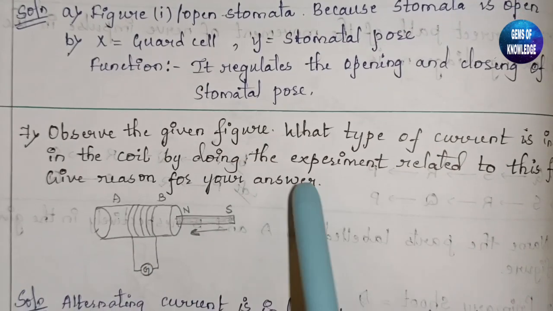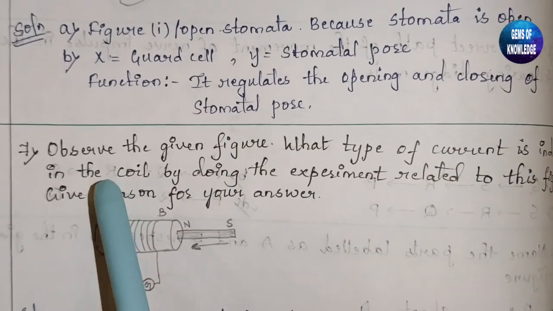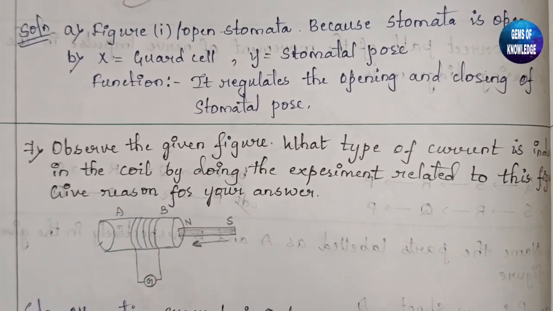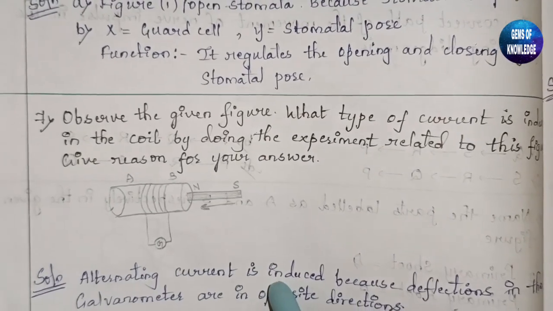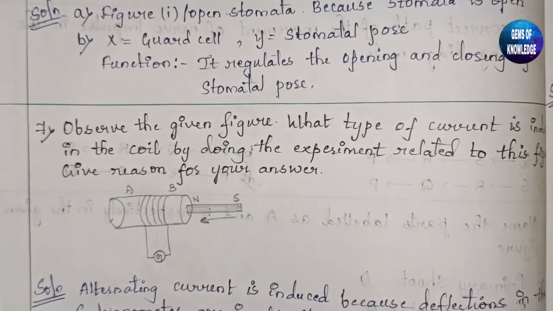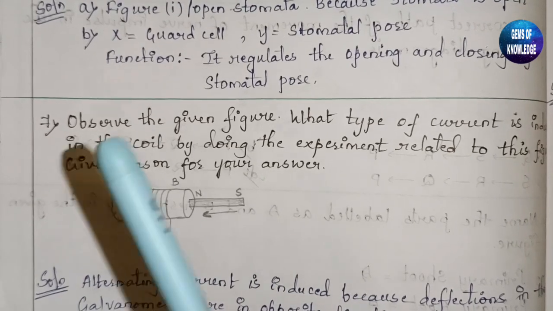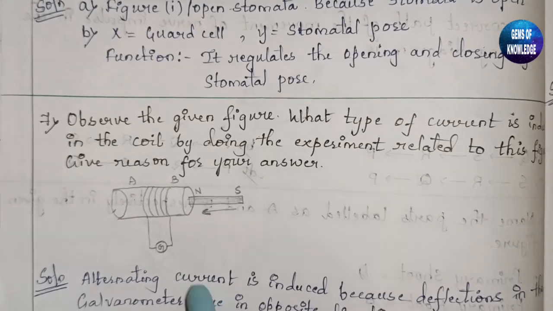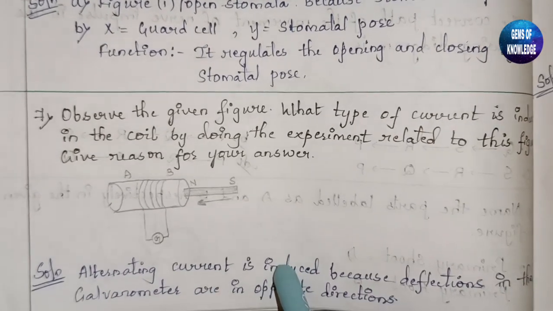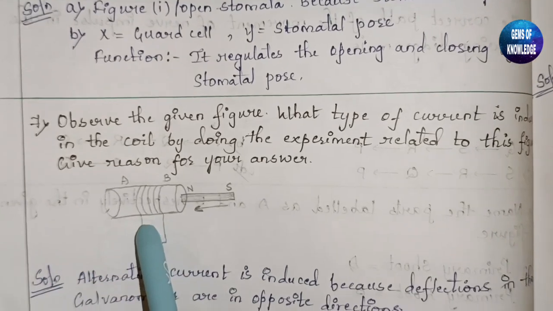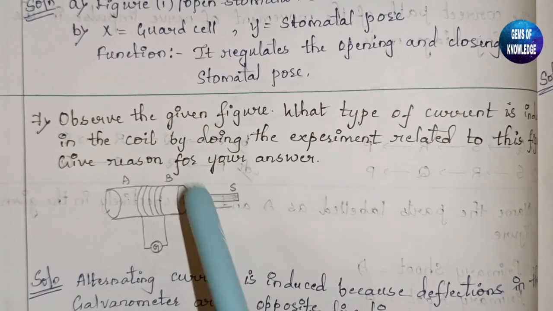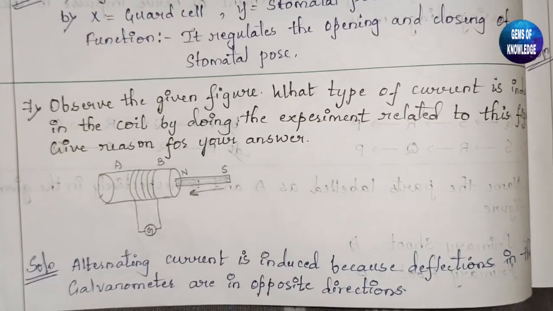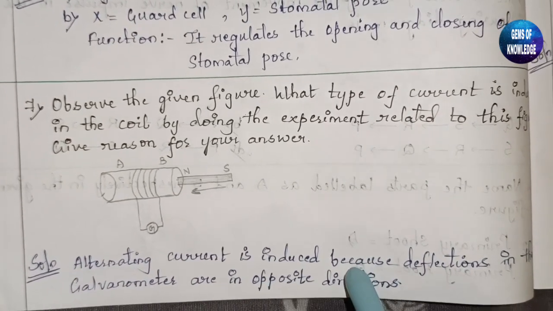So what type of current is induced, they have asked us. Alternating current is induced. The current which we use in our daily life today is nothing but alternating current. And the reason they have asked for: because the deflections in the galvanometer are in opposite directions.